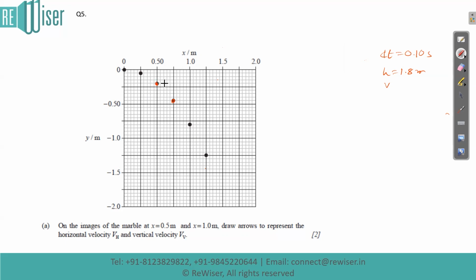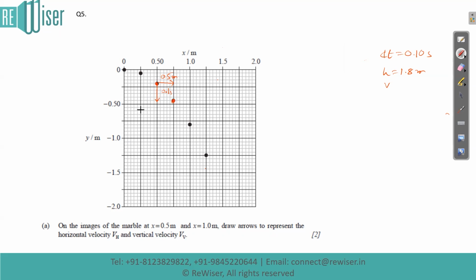So it has traveled 0.5 meters in x direction. So this is one vector, and in 0.1 second it has traveled 0.5 meters in x direction, and from here to here, right? It is here, right?